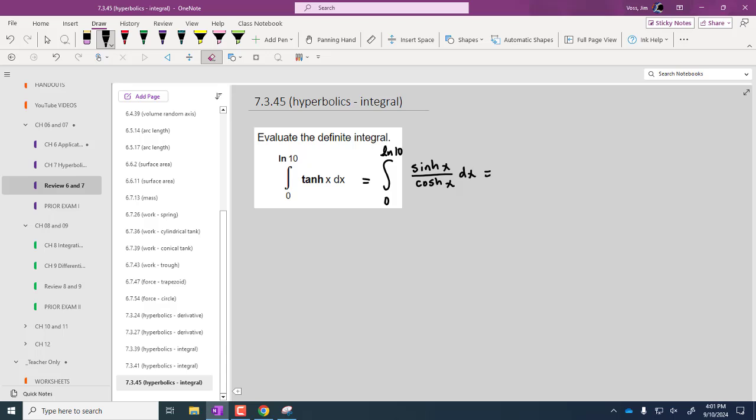And what form is that in? Log form. So if we just put a little LF there, that's log form. So the integral of that is going to be natural log of the absolute value of the denominator, valued from 1 to natural log of 10.